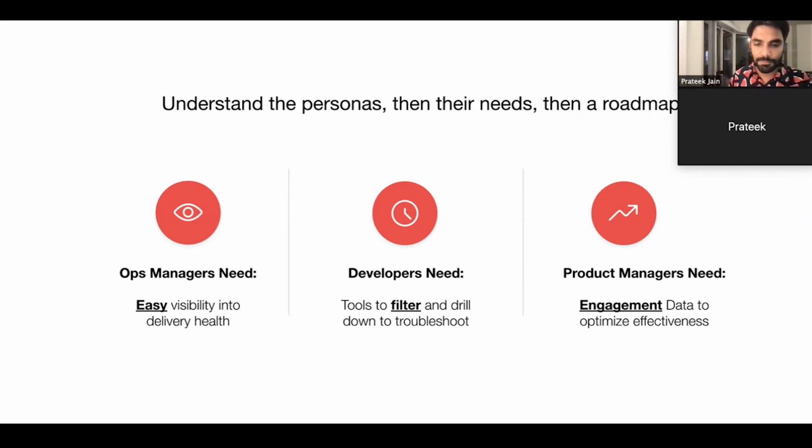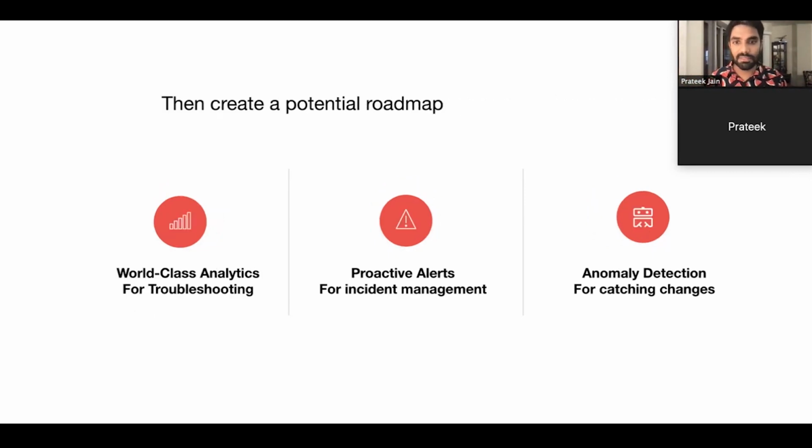Whenever we're building something, now that I understood the personas and their problems, I could think of, hey, what would delight them? What is the end goal of how we could help them? And what the milestones are along the way. I thought of it as world-class analytics for troubleshooting, new dashboard experiences that helped you troubleshoot and gave you the transparency that you needed, which could then serve as the platform, the infrastructure for alerting against any changes in your data.